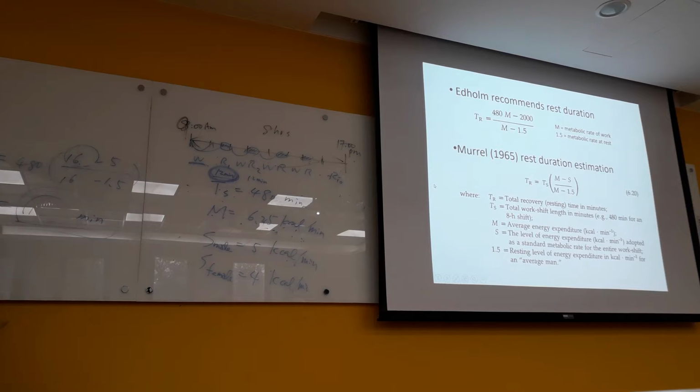So what would be the total time duration? 364. Okay, so totally you need 360. That's 6 hours. So how do you distribute it?